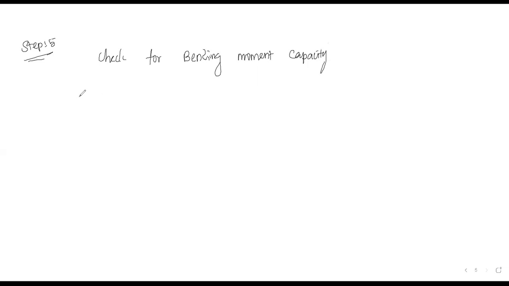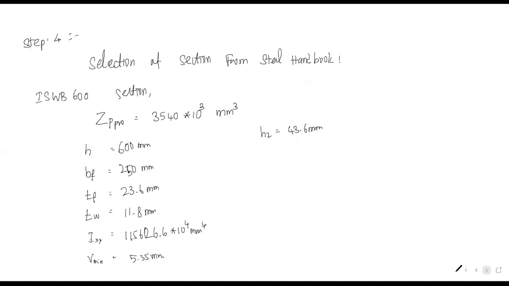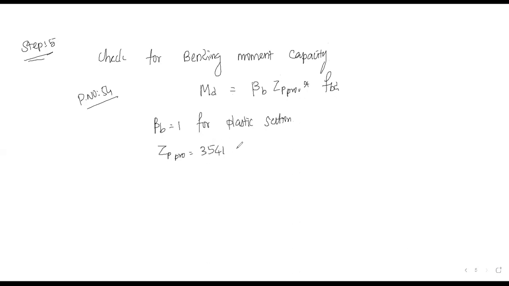From page number 54 of IS 800:2007, the formula becomes Md is equal to beta_b into Zp provided multiplied with fbd, whereas beta_b is equal to 1 for plastic section. So we are assuming the same. So Zp provided is equal to 3540 into 10^3 mm^3.